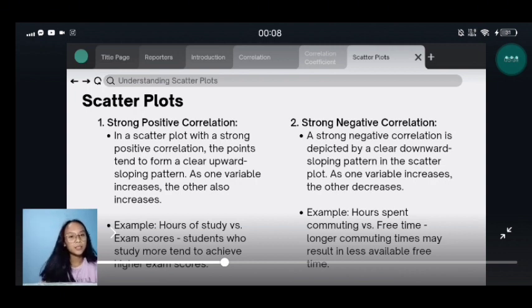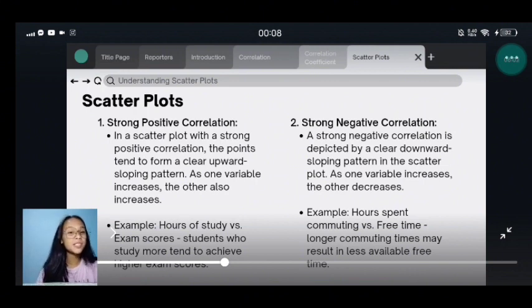Next are the characteristics. First, the strong positive correlation. I think I've said it earlier, but I'll say it again so that you can further understand the positive, negative, and zero correlation. In a strong positive correlation in a scatter plot, the points tend to form a clear upward sloping direction or pattern.